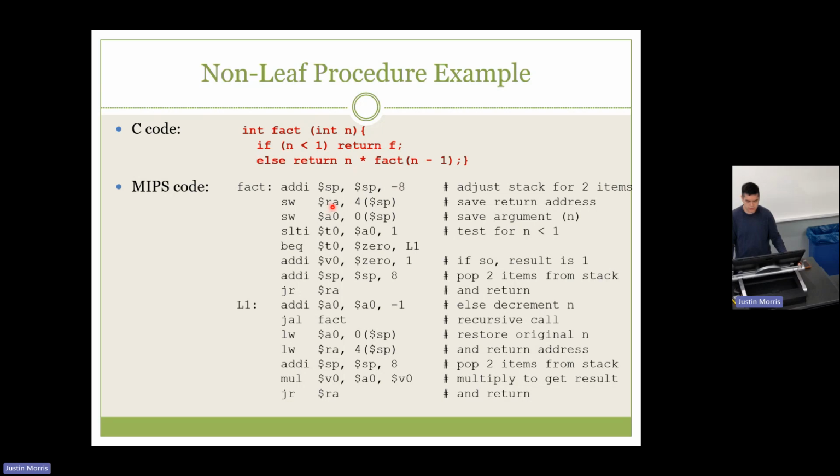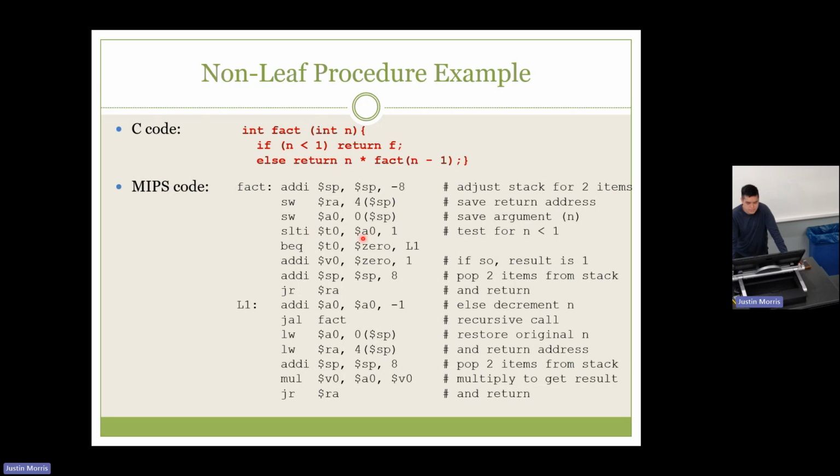We need to store the return address so that we know where to go, and we're also saving the argument n. And then we're going to see if we need to do the return here or recursively call and do the return here. So we're going to do this test for the if statement with set less than immediate.